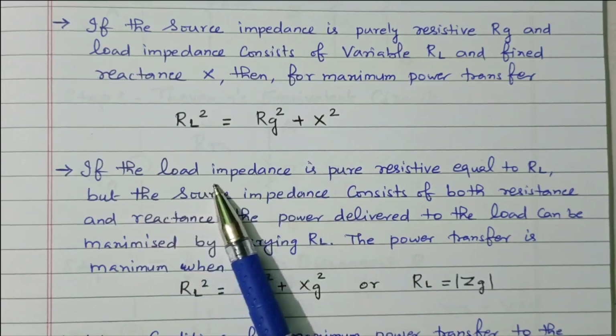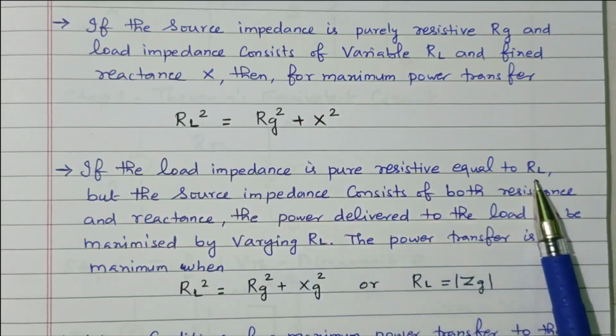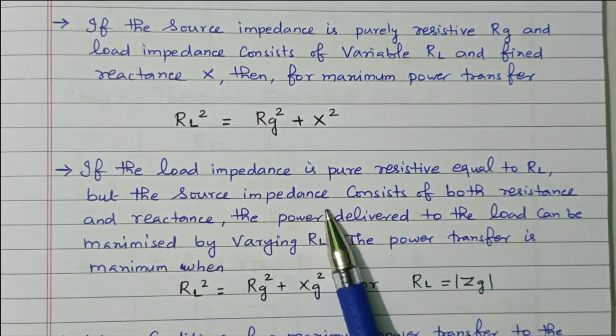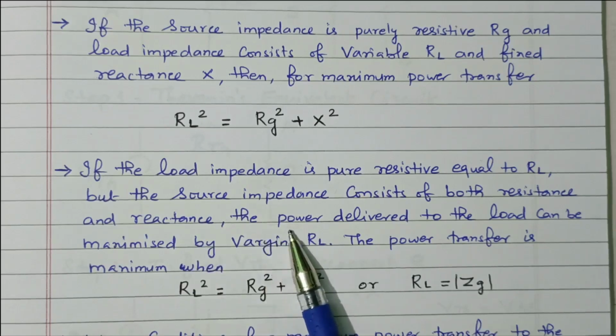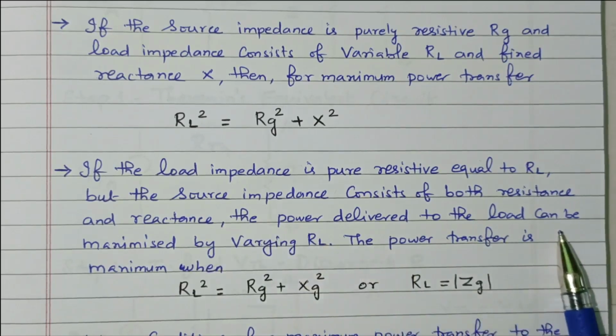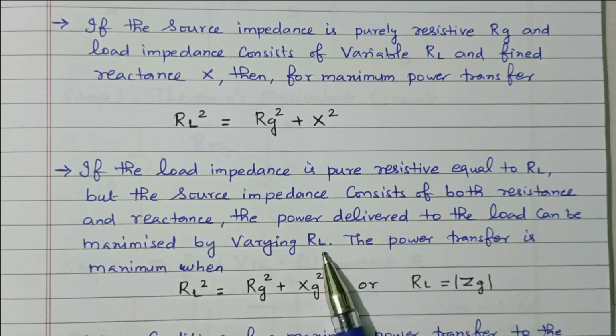If the load impedance is purely resistive, equal to RL, but the source impedance consists of both resistance and reactance, then the power delivered to the load can be made maximum by varying RL.